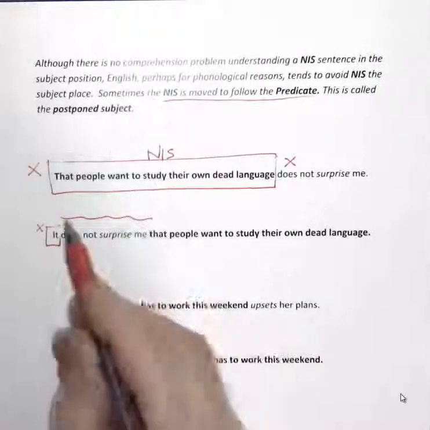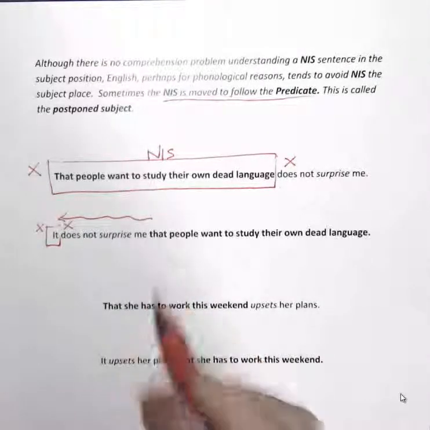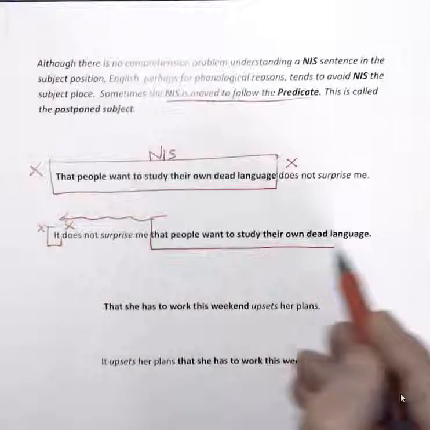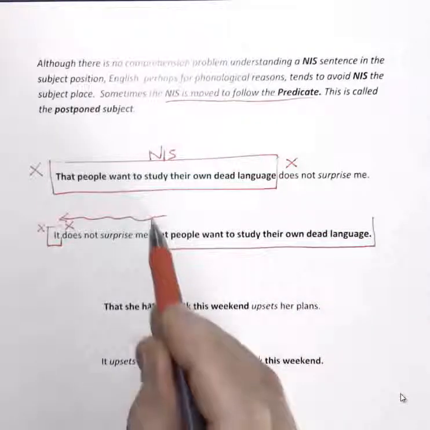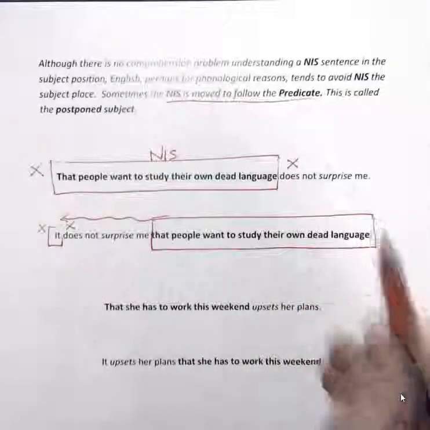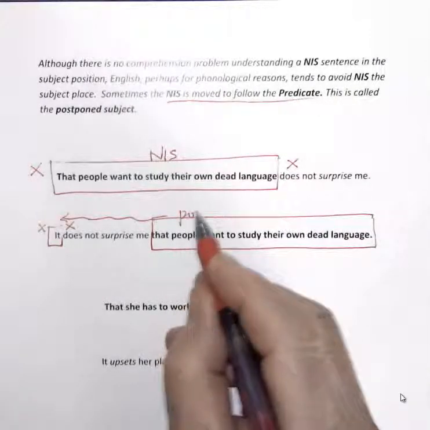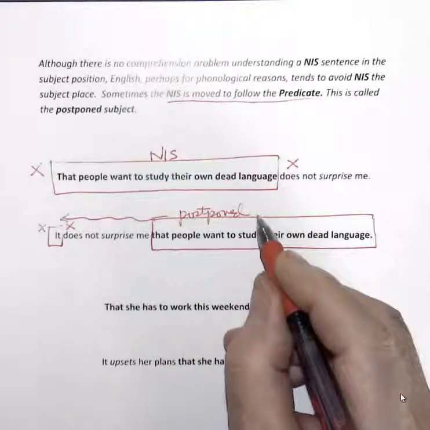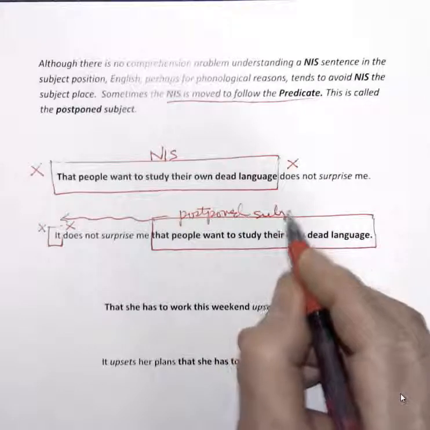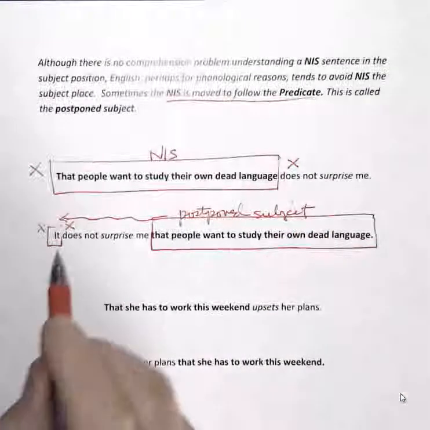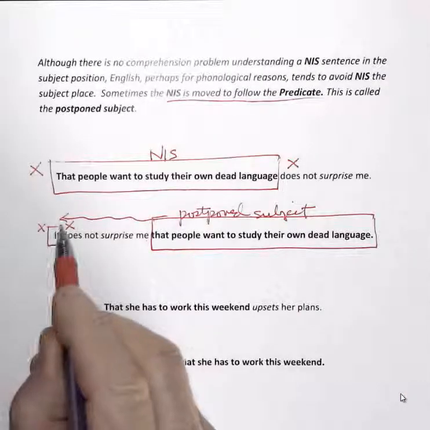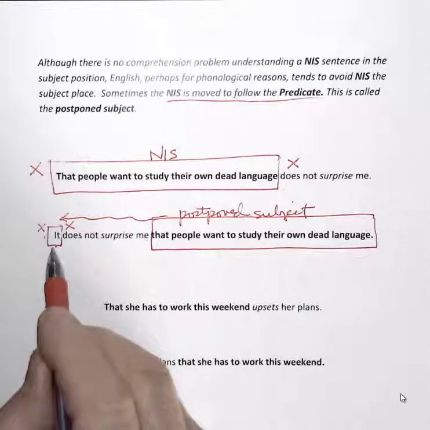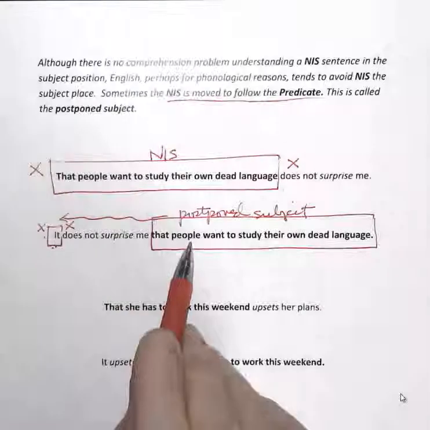What we have is the predicate here, and here we've taken our subject and we've postponed it, saved it, and put it for later by putting the pronoun it in the subject place so that we have a subject and the real subject is postponed.